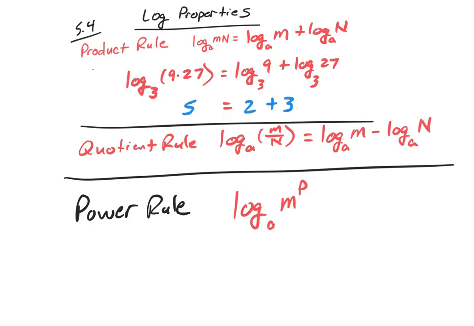What we can always do with that exponent is jump it over in front of the log, and then I could rewrite this as p times log m base a. Sometimes they'll give us a number in front of a log, and I can jump it over and put it as the exponent. Okay, so once again, it could go both ways.